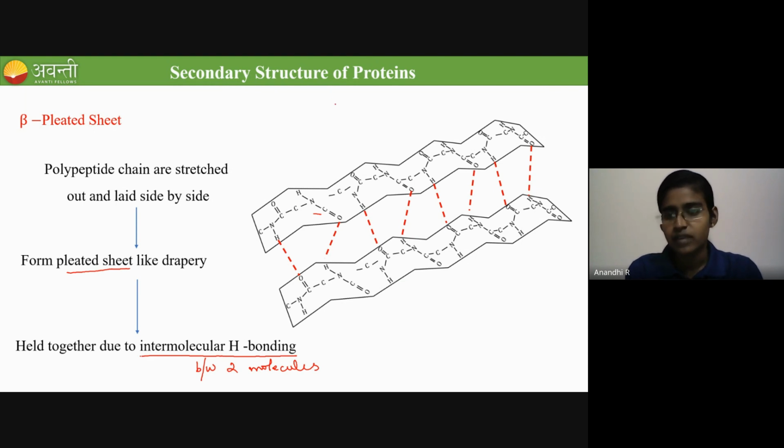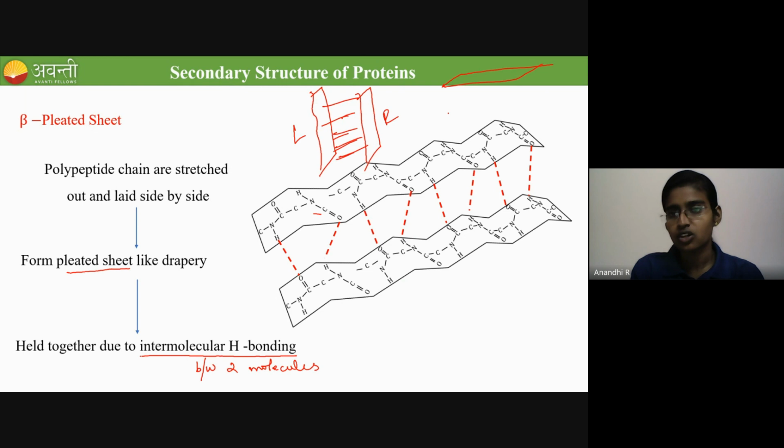They are placed side by side only. So you can place like this also. This is one sheet, and this is another sheet. You can have left and right like this also, and then the hydrogen bonding will be like this in case of left and right position. Or if you keep one sheet at the top and one more sheet at the bottom, like you are seeing in this picture, then the hydrogen bonding will be in this direction.